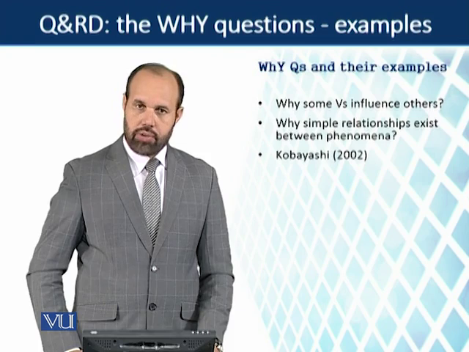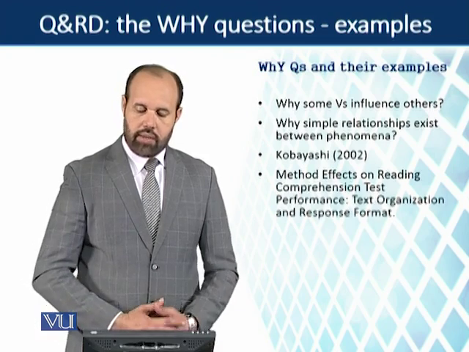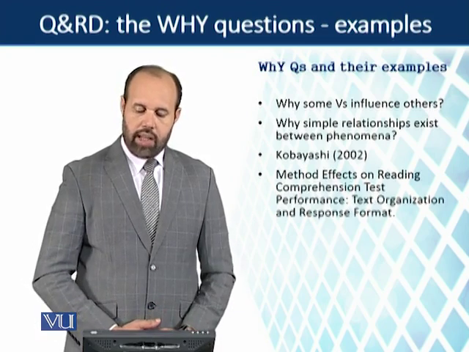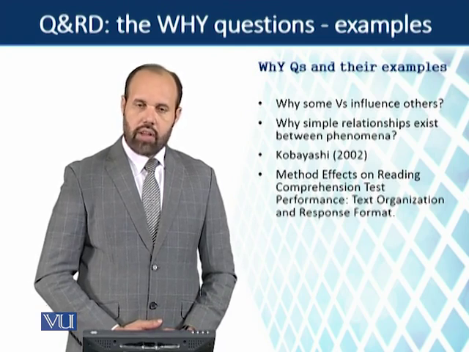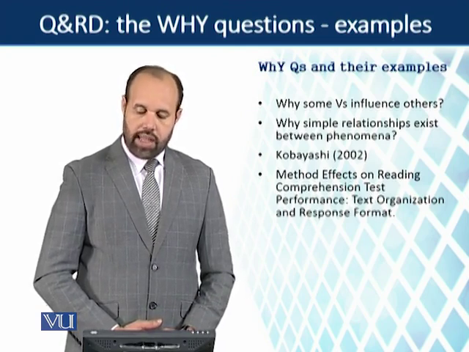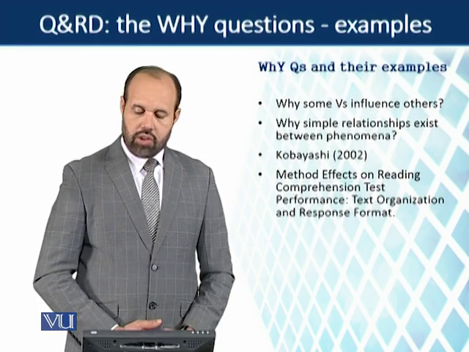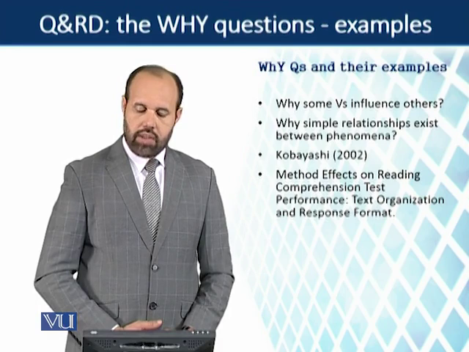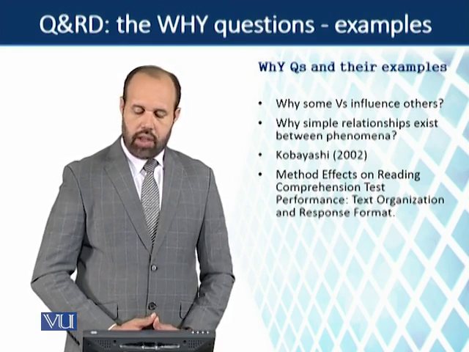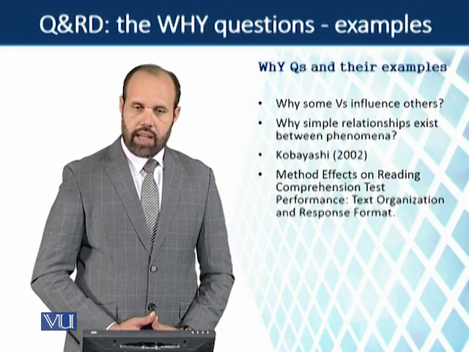Kobayashi 2002 is basically about exploring the method effects on reading comprehension test performance, text organization, and response format. So this is the study which explored the relationship between reading comprehension and text organization and response format.